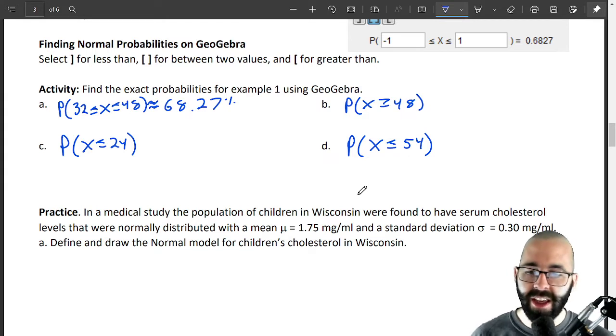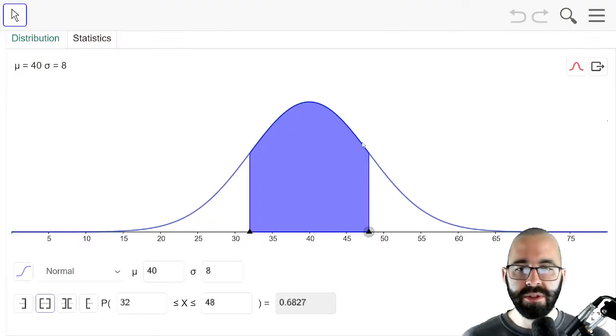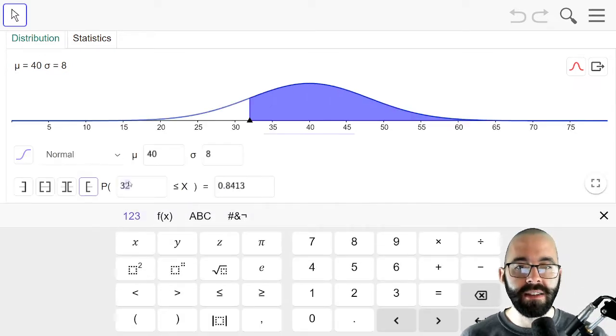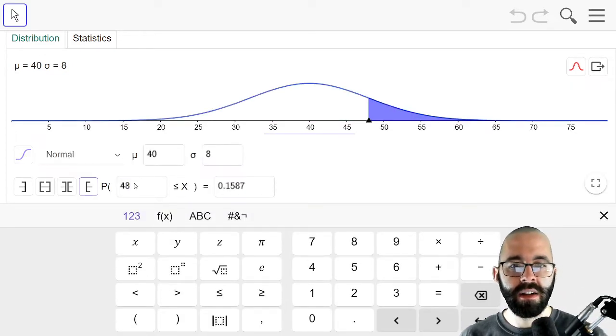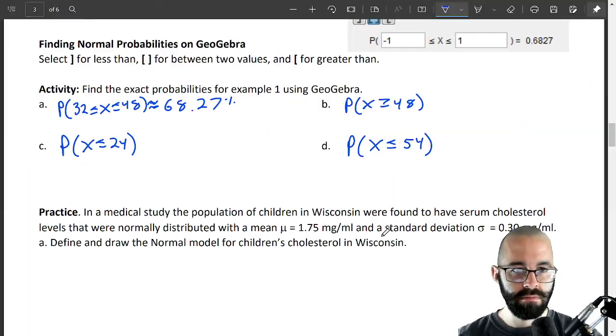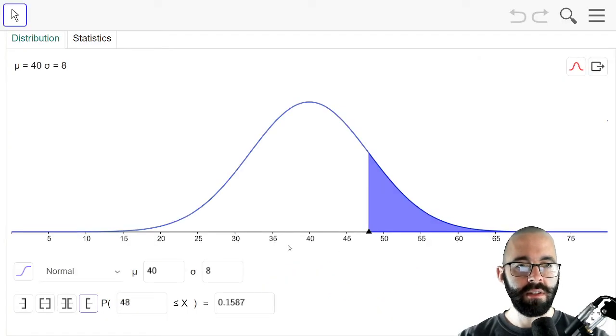Let's do the same thing for the other ones. Part B, bigger than or equal to 48. Well, we don't want the interval now. We want the greater than, the right-sided one, at least 48. Let's go down here and type in 48. Again, does this picture match our picture? The right-tailed blue starting at 48.